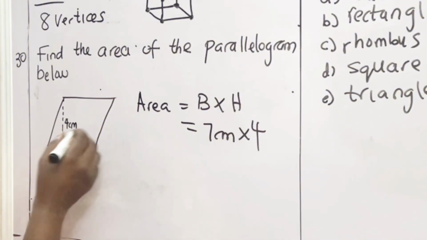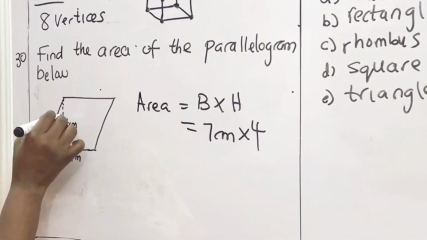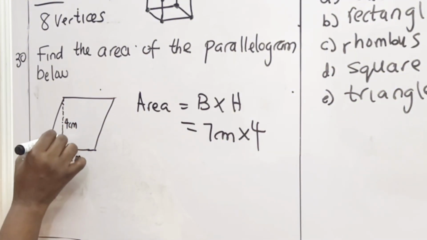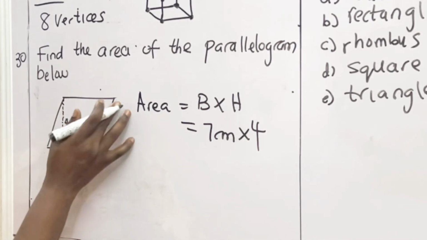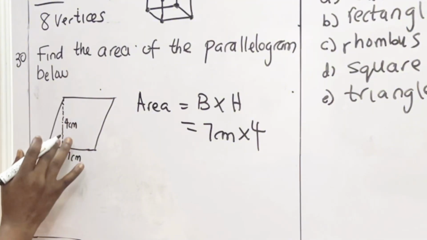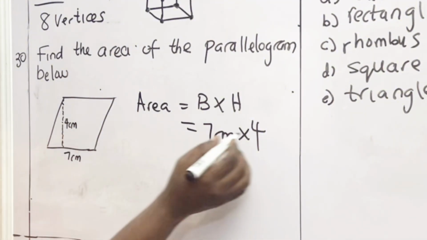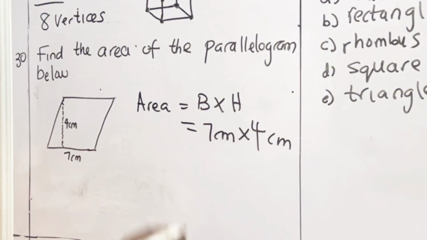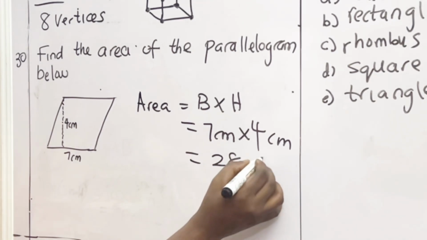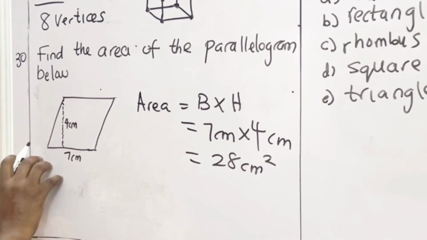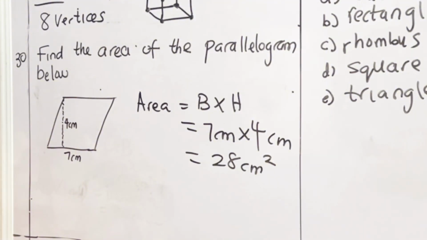Remember, anytime you are asked to find the height, it is the perpendicular height, not the slant height. So that's 4 centimeters. 7 times 4 is 28. So the area of this parallelogram is 28 centimeters squared.